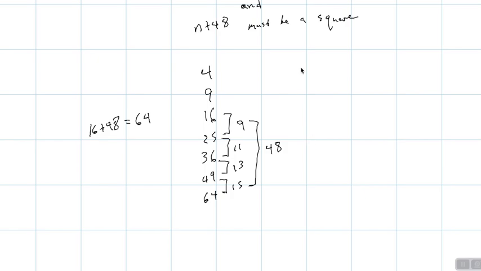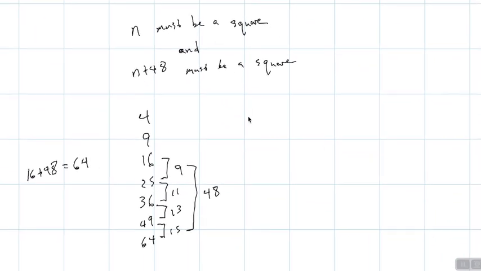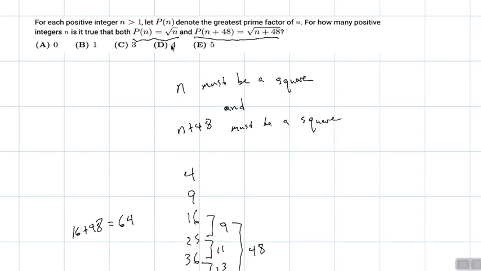So now to check if both of these are true, for n equal to 16, first we can check, is p of 16 equal to the square root of 16?